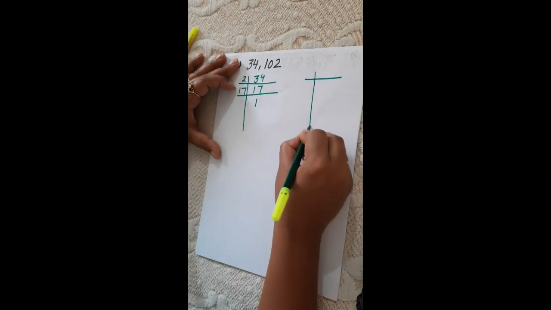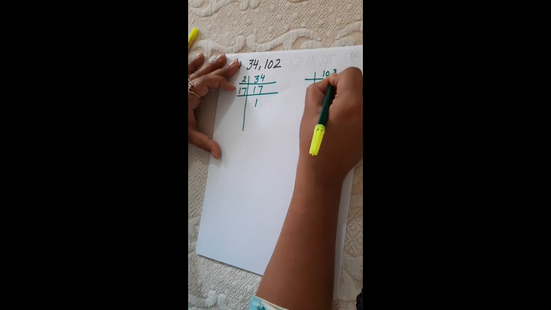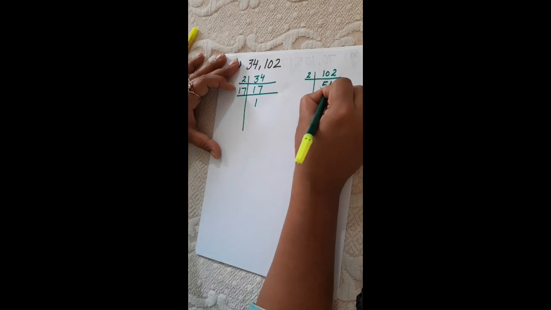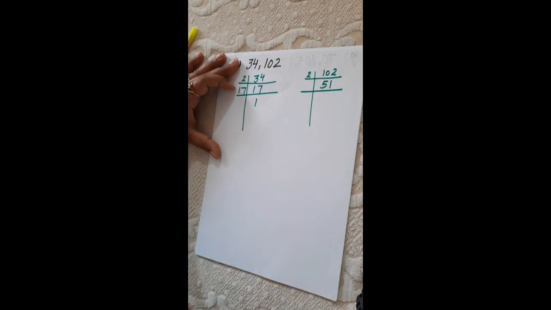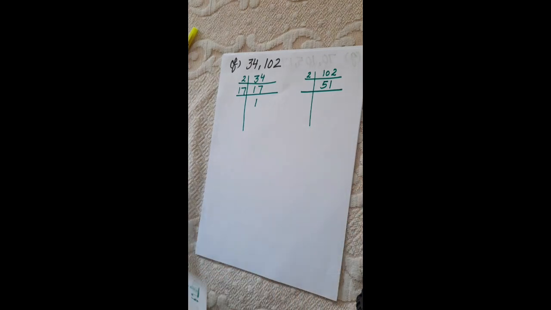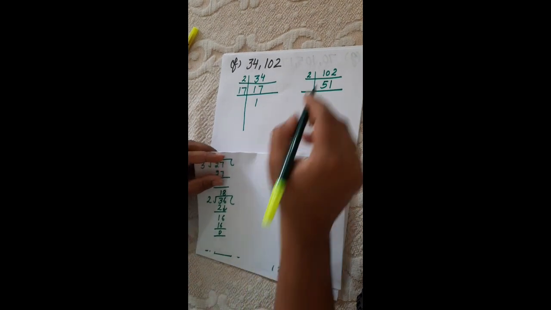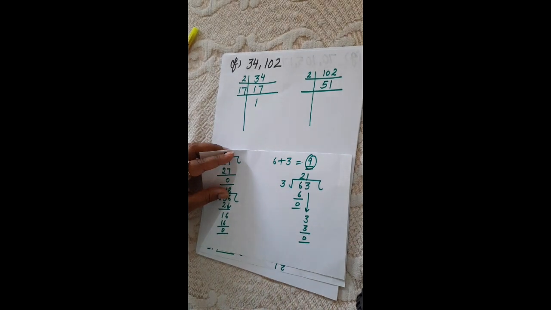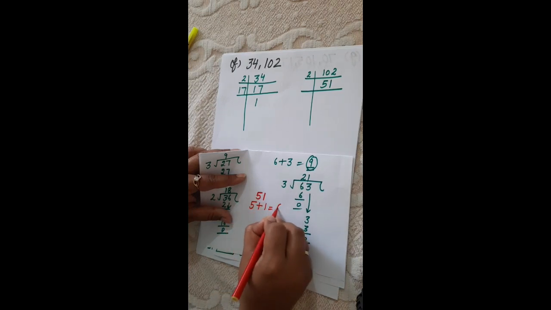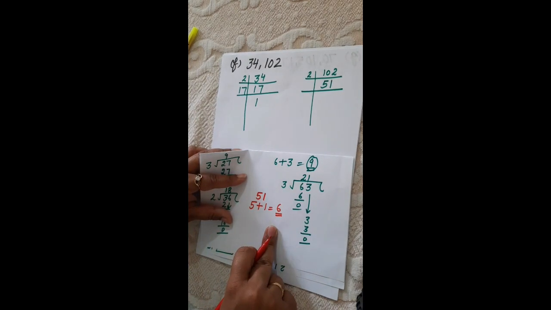The next we have 102. Here the last digit is 2, so let's divide it by 2. So 2 5s are 10, then 51. Here we know that 1 is in the ones place, so it is not divisible by 2. So let's check whether 51 is divisible by 3 or not. Whenever you have to check for 3, just add both the digits, you will get 6, and we know that 6 is a multiple of 3.